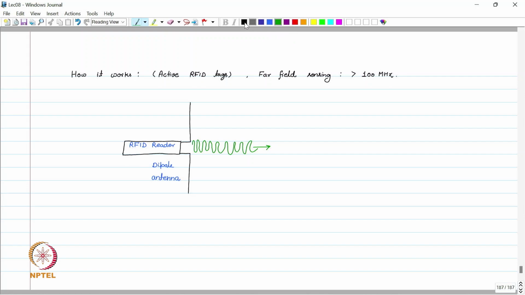Now we have an RFID tag which is placed up to a few hundred feet away.